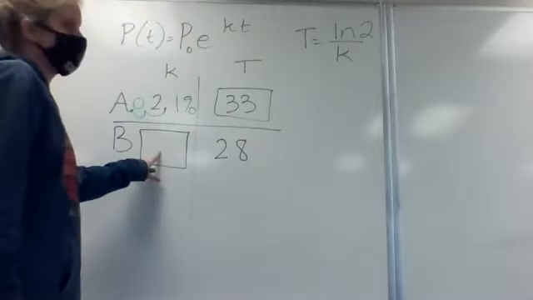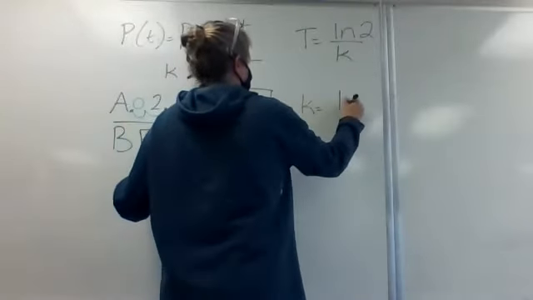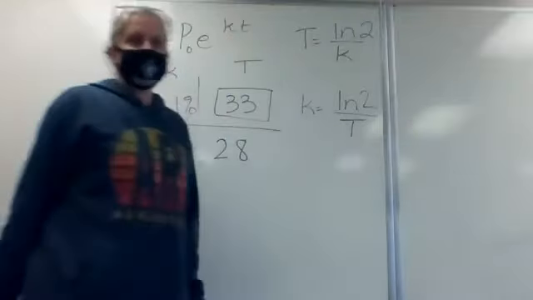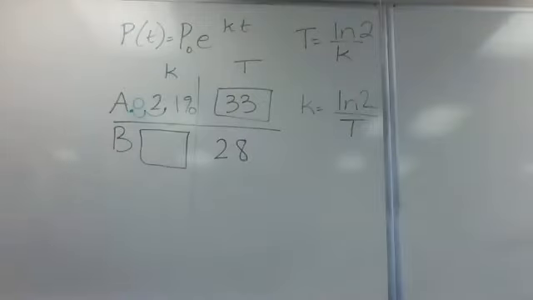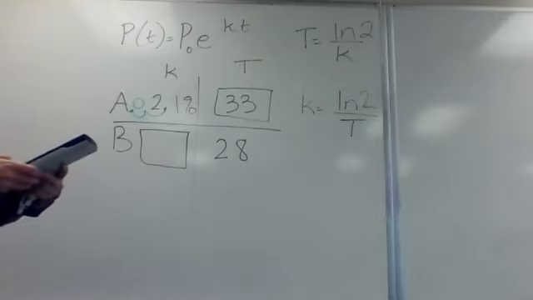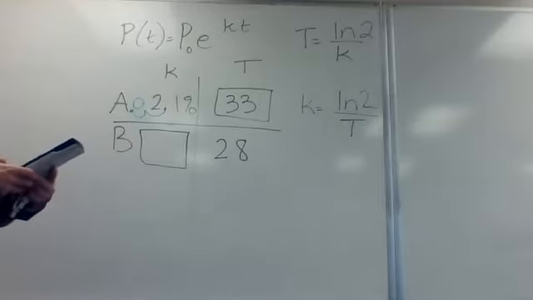So this K is going to be ln 2 again, but over the doubling time. That'll tell you how fast the population is growing. So ln of 2, close it, divide it by 28.